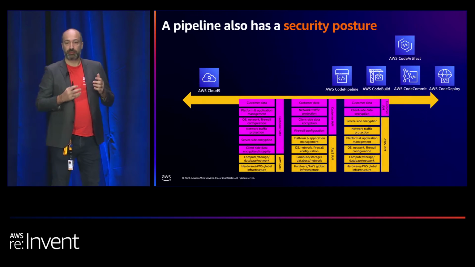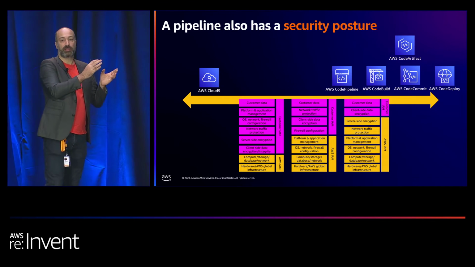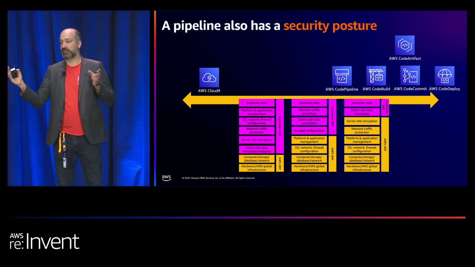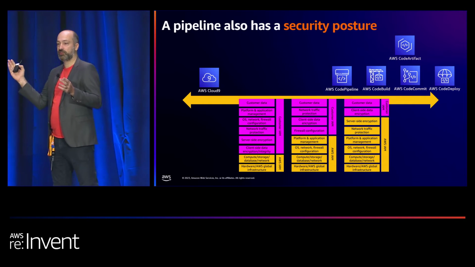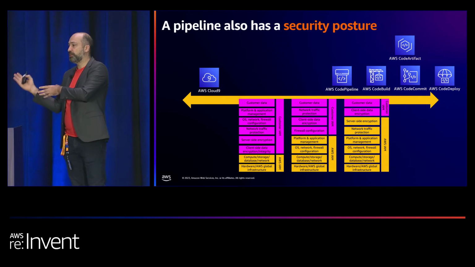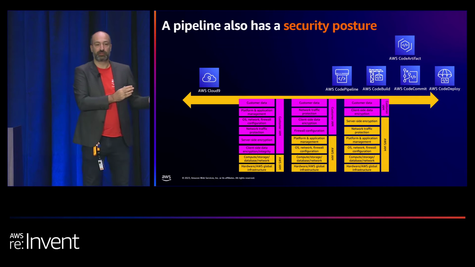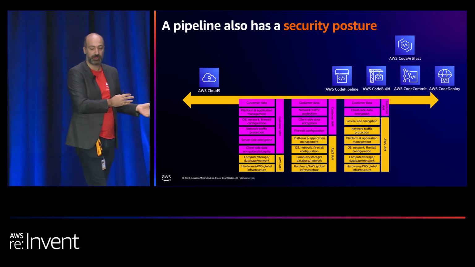And again, for this to be effective, you will need to understand where the different components used by your pipeline stand in this specific spectrum of accountability. Are they fully managed services, or are they third-party solutions that you deploy yourself onto some EC2 instance?